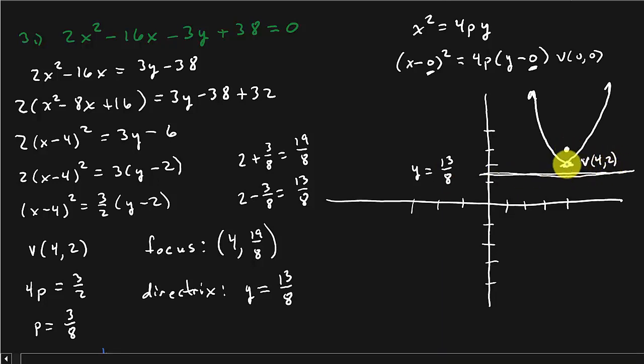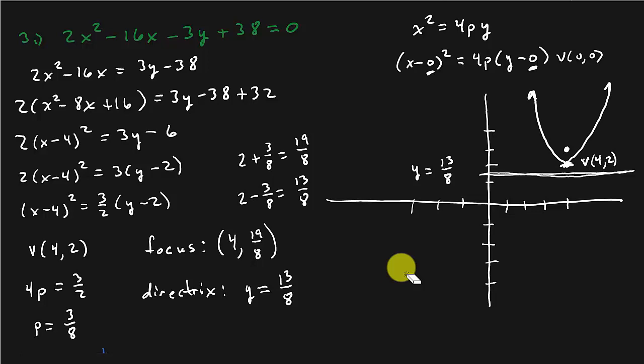To get to the directrix, I'm going to have to subtract p from the y coordinate. If this were opening down, it would just be the opposite. If it was opening left or right, I would have to add and subtract p to the x coordinate. It just comes in real handy if you can look at a picture of it.